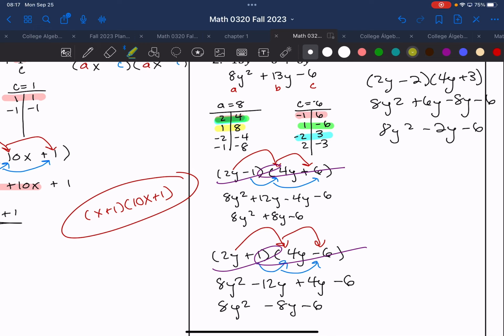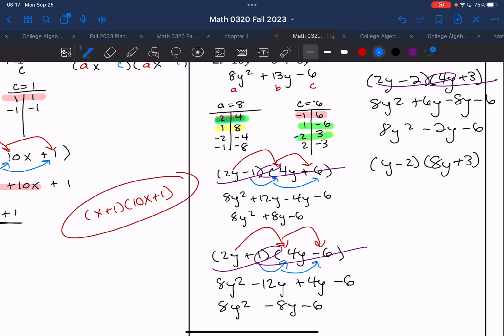We could just use the same one we just did, so that -2 and 3. So we're using a 1 and an 8, and a -2 and a +3. So we have y minus 2 and 8y plus 3. Okay, because we know this one did not work.